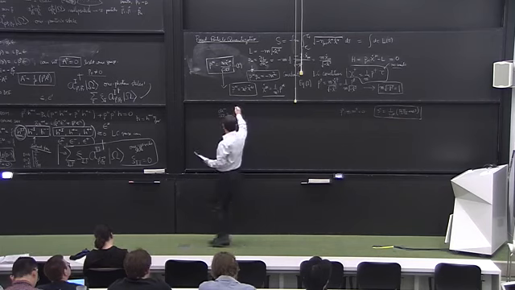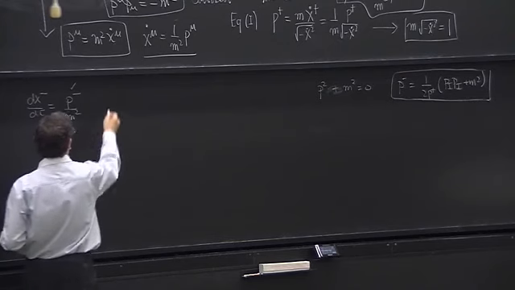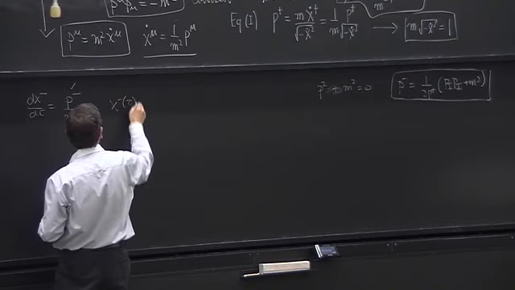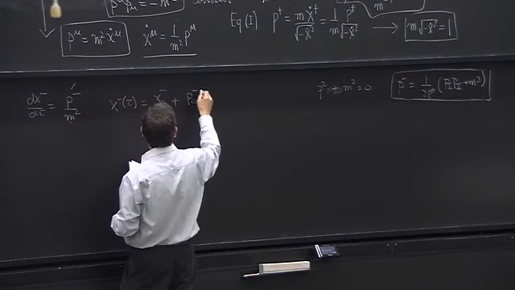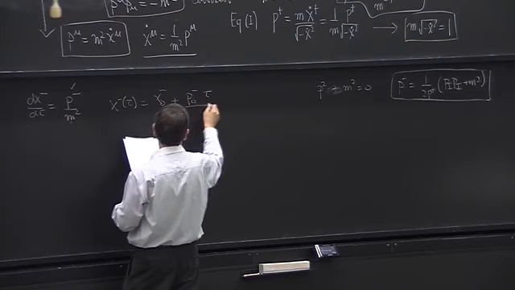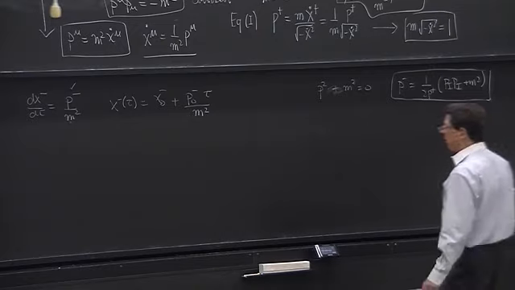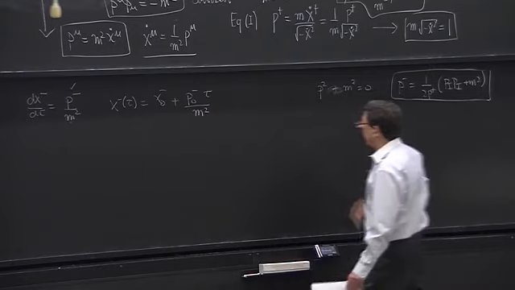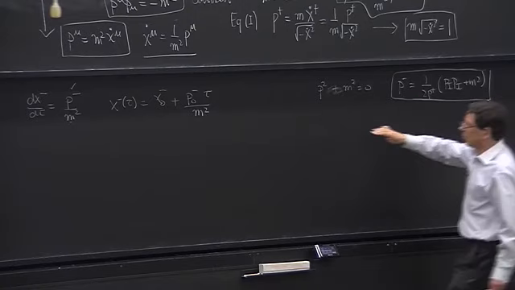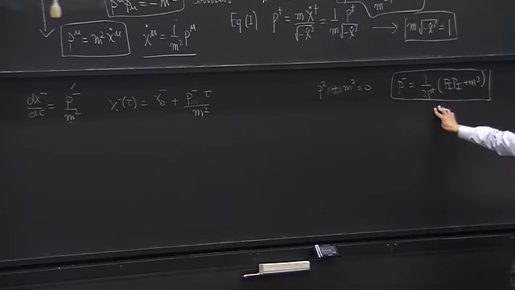So p minus is known. So x minus of tau, the solution, is x0 minus plus p0 minus tau over m squared. That's the solution of this differential equation with an initial condition x0 minus and p0 minus, given by that formula.